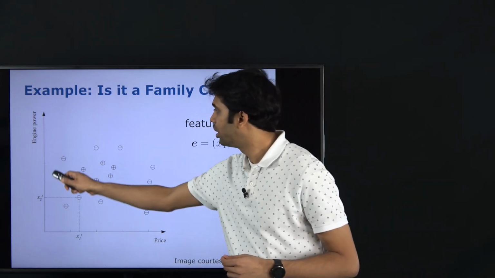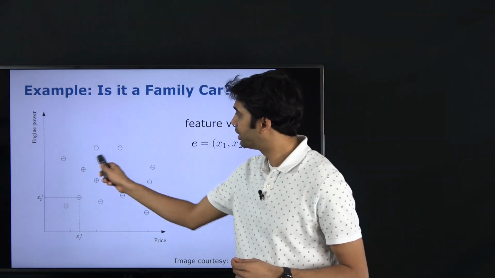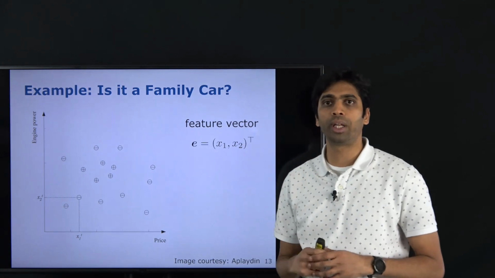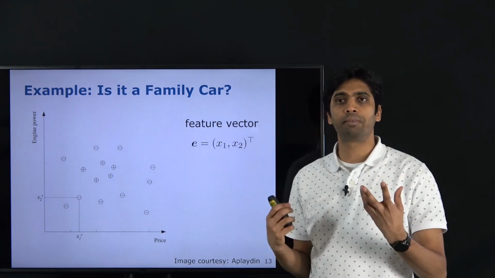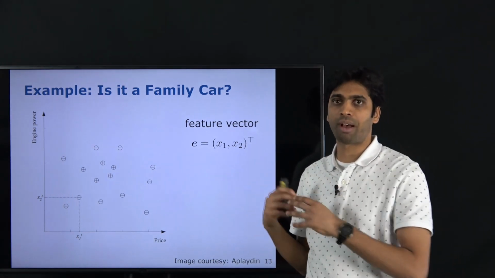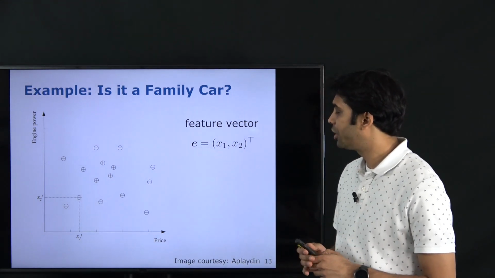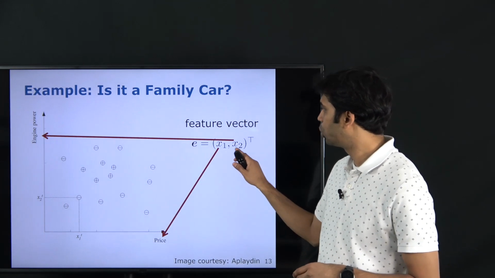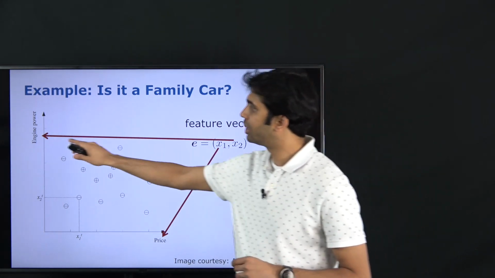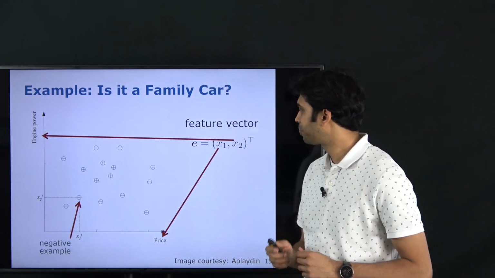Whereas all other data points that you see here, with the negative sign, are the examples of cars which are not family cars. So they are the negative examples, right? And our feature vector consists of these two components, the engine power and the price.